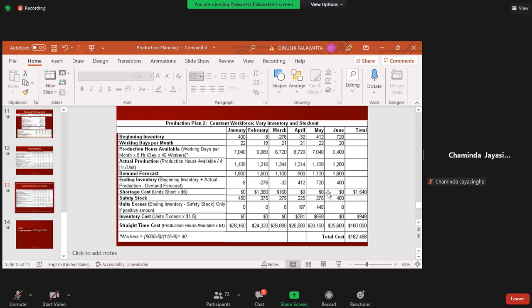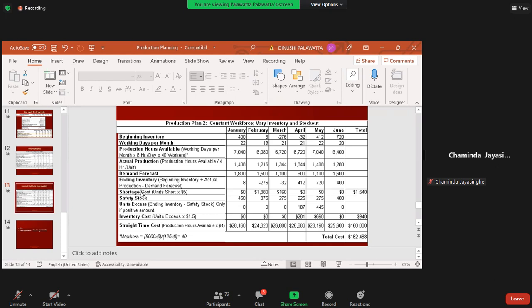Demand is 1,600, so ending inventory is 720 plus 1,280 minus 1,600, that's 400. There is no shortage. Safety stock is 400, so 400 minus 400, excess is 0. So no inventory cost. 6,400 multiplied by 4, we get 25,600.